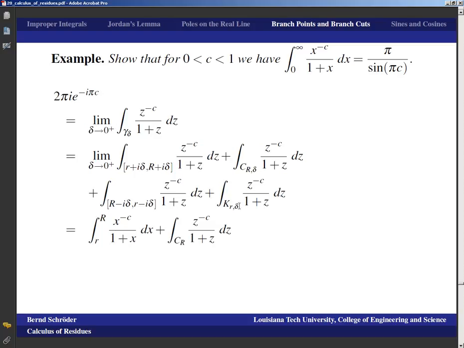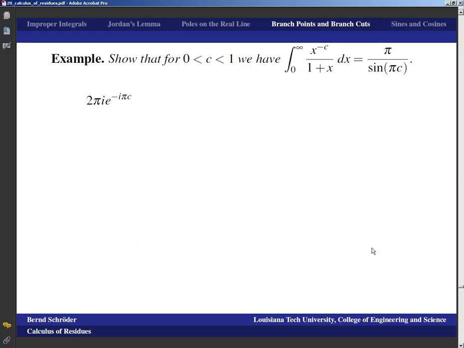Okay, yeah, the delta just means that we cut out a little delta there, the little piece that kept the circle from being complete. Minus e to the negative 2 pi i c times the integral from r to uppercase R of x to the negative c over 1 plus x dx, that was also shown on the previous panel, plus the integral over the full circle k r of z to the negative c over 1 plus z dz.